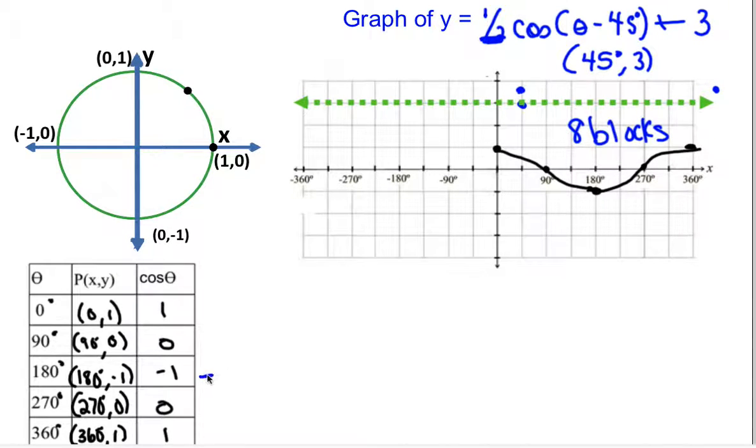So halfway between, 1, 2, 3, 4, it's going to go down a half. In between the other two, it's going to go to 0. So you can tell that's what the graph looks like. So that's one that's gotten all the shifts.